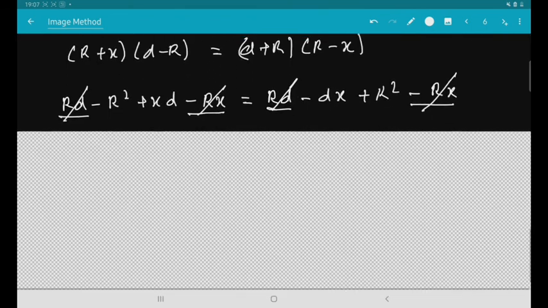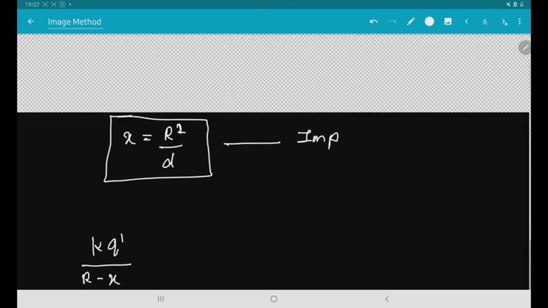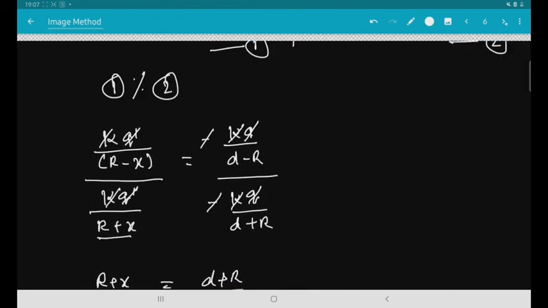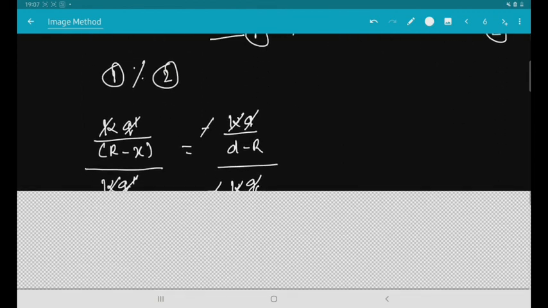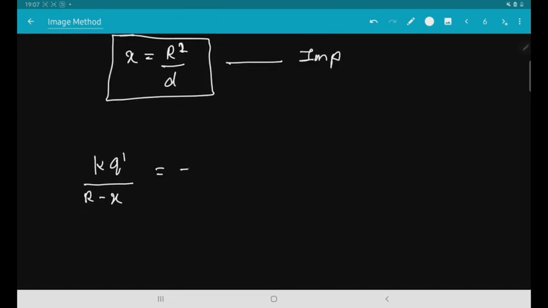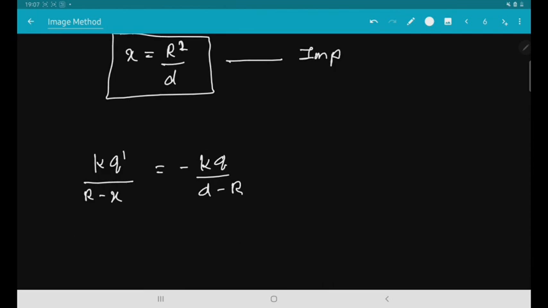So we have the first equation, kq dash r minus x is equal to minus kq d minus r. Okay, let us put the value of x here.